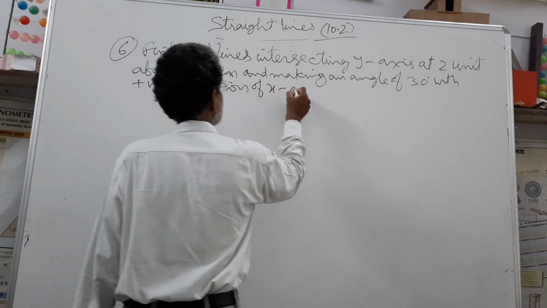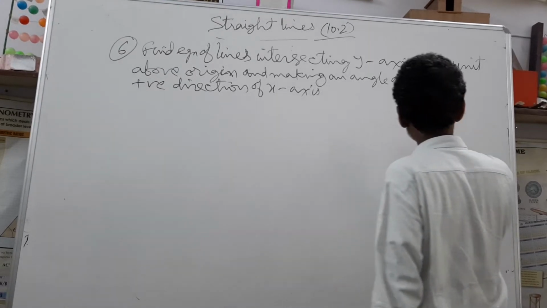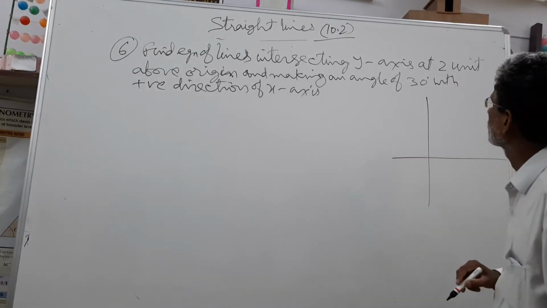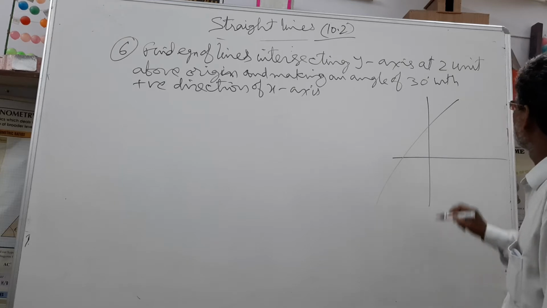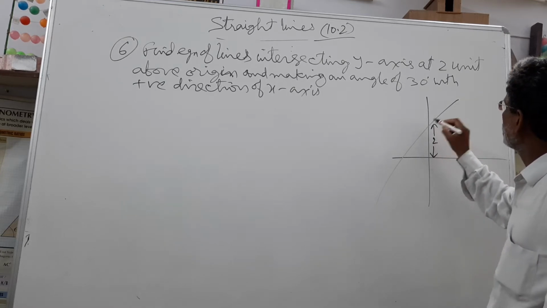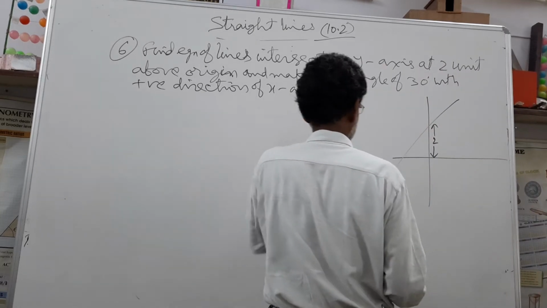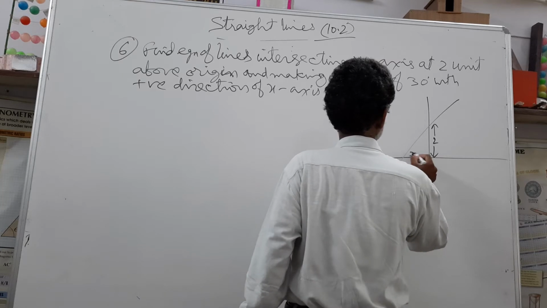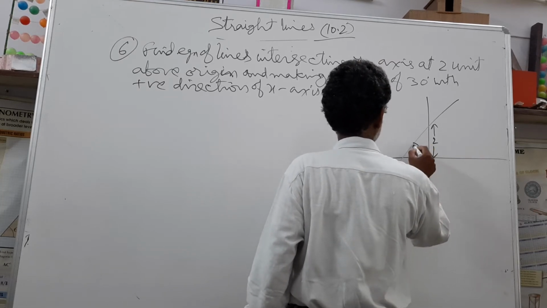Draw rough sketch. Your line looks like this. It intersects y-axis 2 units above origin and makes 30 degree with positive direction of x-axis.